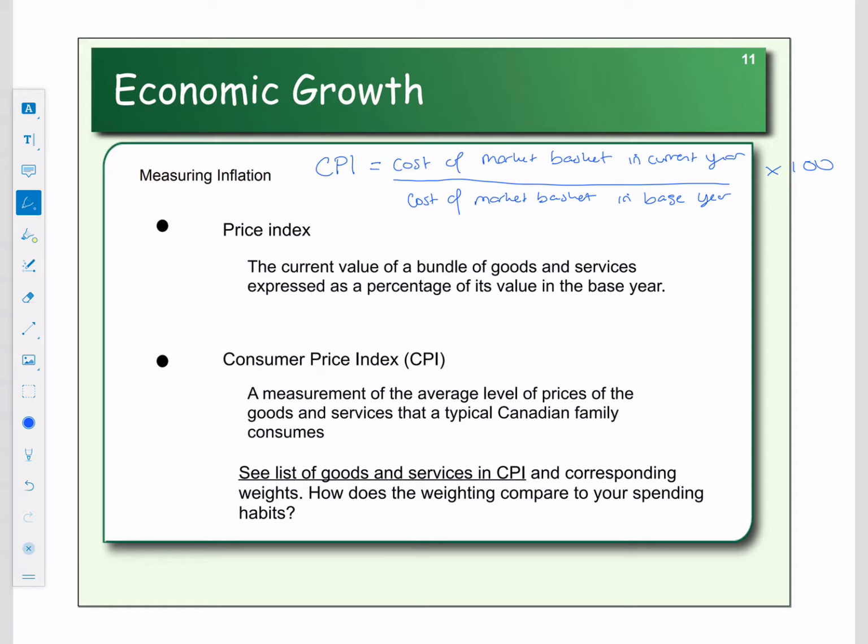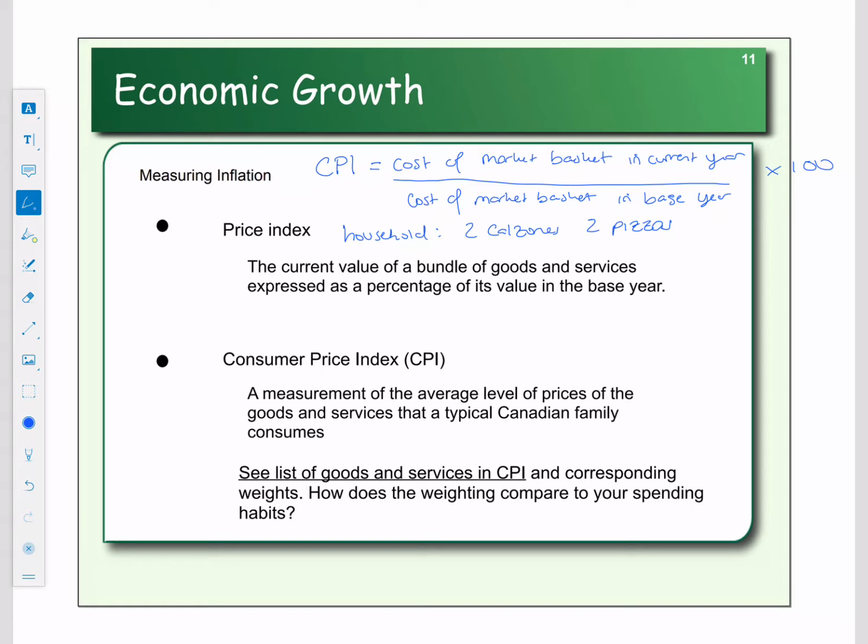So let's assume that in our pizza and calzone example, the average household consumes 2 calzones and 2 pizzas. Okay? So, to calculate consumer price index, we need to figure out the cost of this basket of goods, these 2 calzones and 2 pizzas, in the current year, and the cost of that basket of goods in the base year.